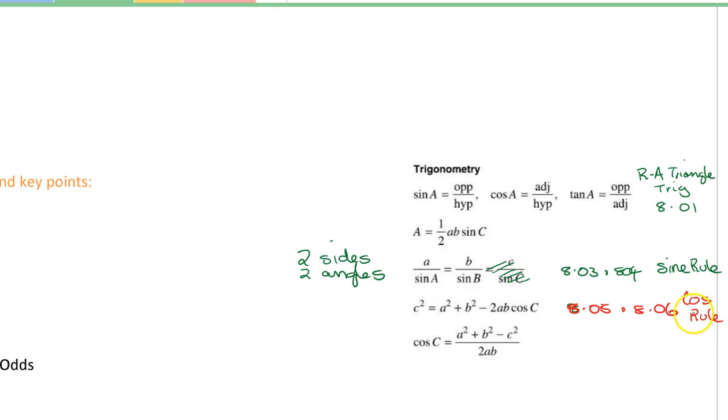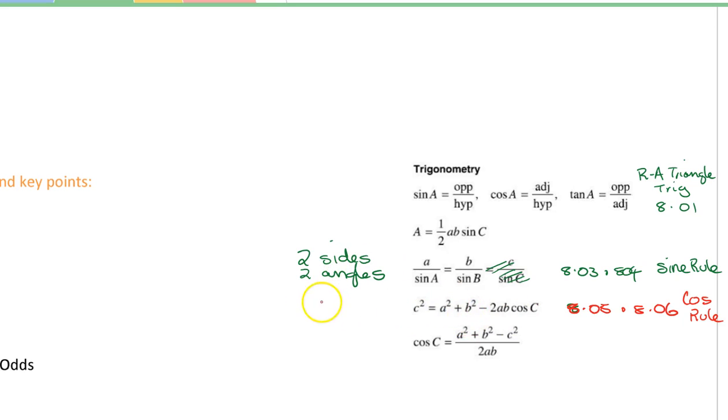Again, we use the cosine rule when we don't have a right angle triangle. But let's have a look at what we do have. How is it different? Well, it looks very different to the sine rule. The things that you've got are lowercase c, which is a side, lowercase a, which is a side, and lowercase b, which is a side.